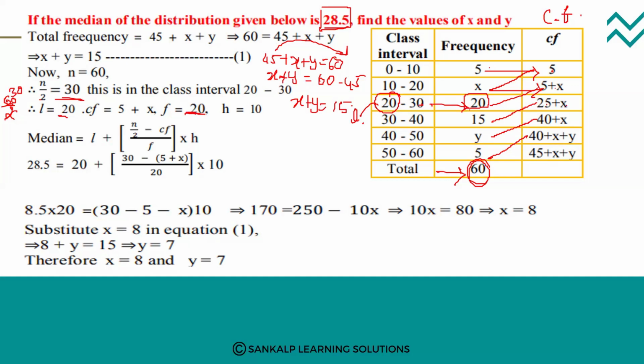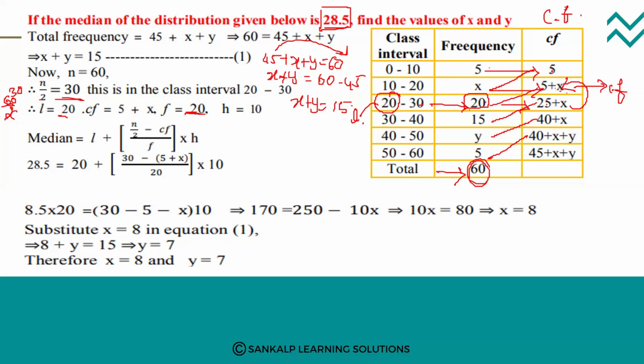CF value is the frequency preceding the median class. Preceding means 5 plus X. So the preceding frequency of the median class is 5 plus X. This is F, this is L, but this is CF, the preceding value.